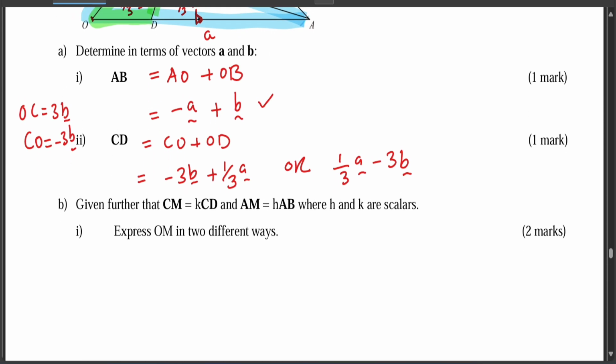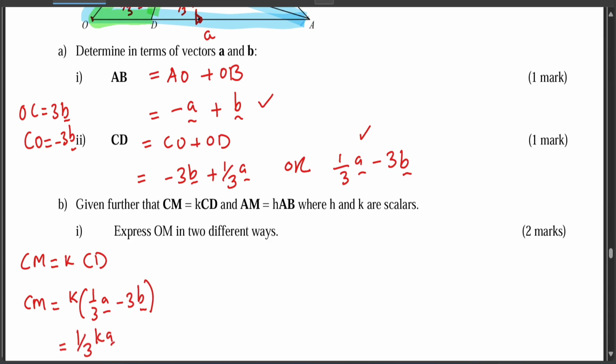Question B, given further that CM equal to KCD. So your CM is equal to K times your CD. So your CD is just basically the one that you got. So K times a third A minus 3B. It should give you a third KA minus 3KB.